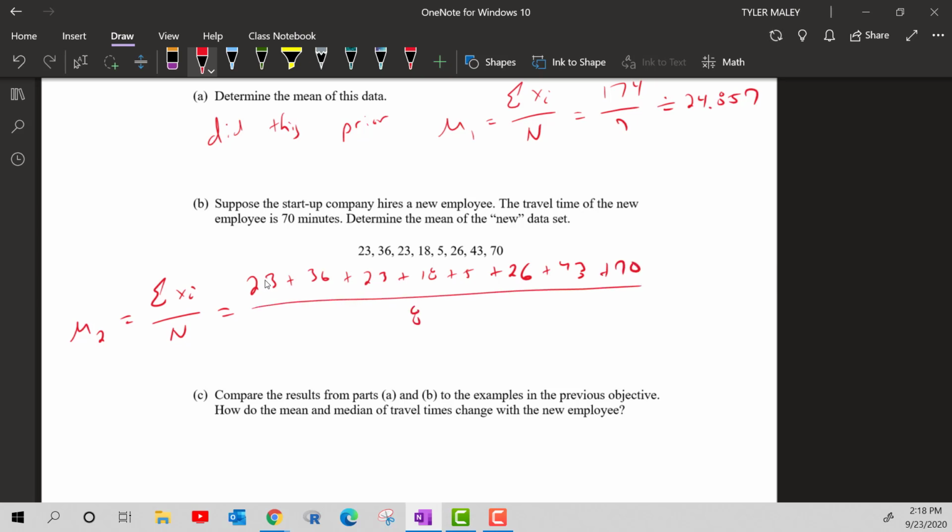I have 8 things here. And so this equals 244 divided by 8, which is 30.5.